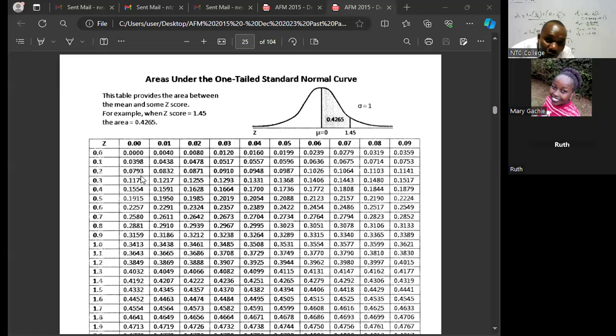It is 0.4, then 0, 0, 1, 0, 2, 0, 3. If you have it to 0.03, utafika hapa. Naona? If you have 0.40, utafika hapa. If you have it 0.4, 0, 0, utakuwa hapa.